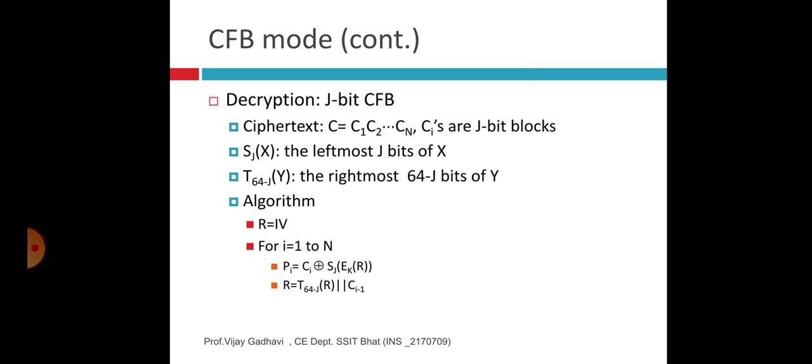Then for decryption, with ciphertext C1 to Ci, Sj is the leftmost j bits of x, then T64 minus j is the rightmost 64 minus j bits, exactly the entire steps of encryption. We follow the same steps in the opposite order in this algorithm.